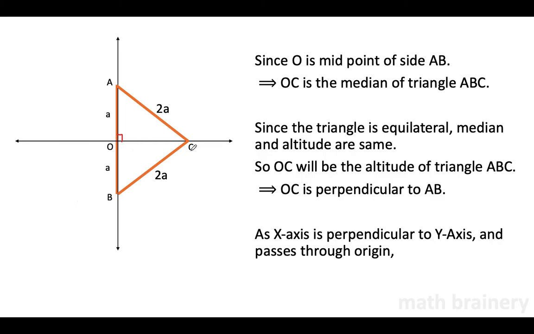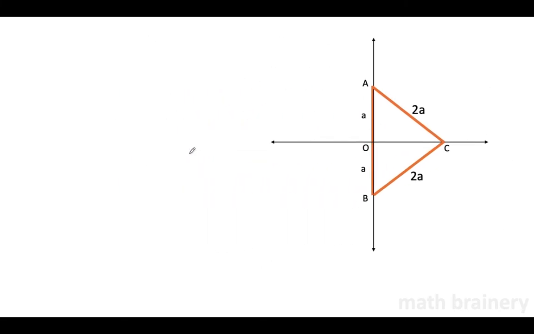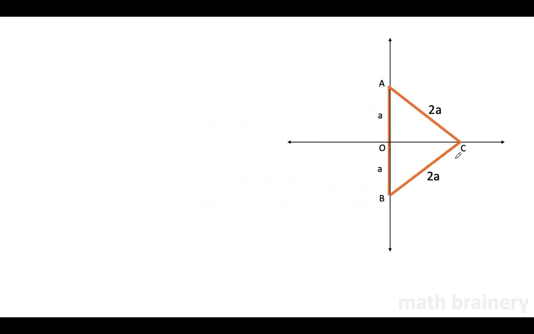So because C is a point which lies on x-axis, let us now find out the value of C. Let me assume the coordinates of C as x, comma 0. Now to find out what the value of x is, we can use either the point B, 0 comma minus a and calculate the value of x using the distance formula, or you can also use the point A which has the coordinates 0 comma a, and we can use the distance formula again to find out the value of this x.